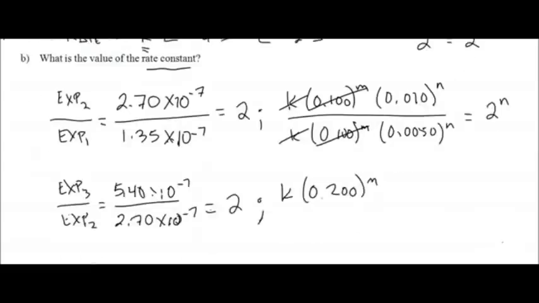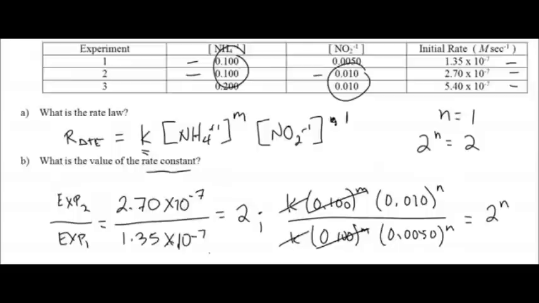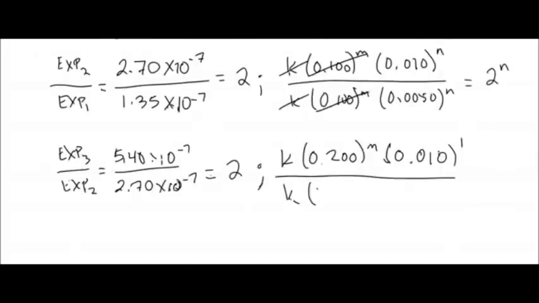And my concentration for the nitrite is 0.01 to the first, over my constant. And the concentration is 0.1. Again, I don't know what the order is. And this one is the same.